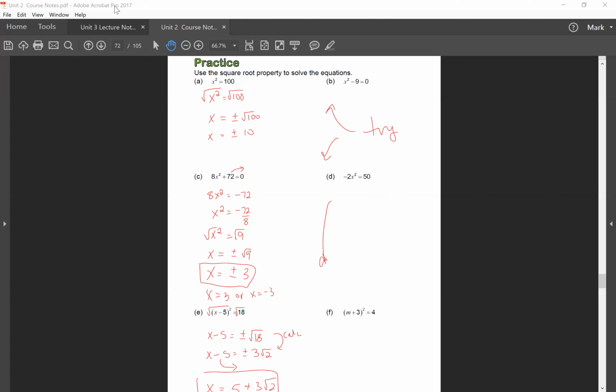Mister, something is wrong in C, because it's plus or minus 3i.